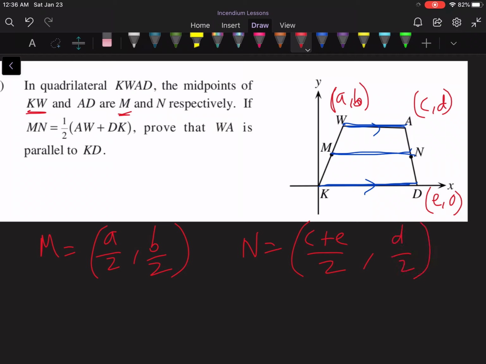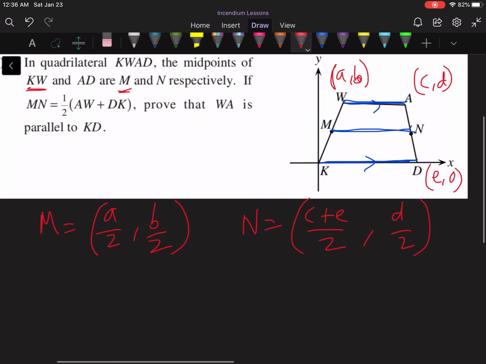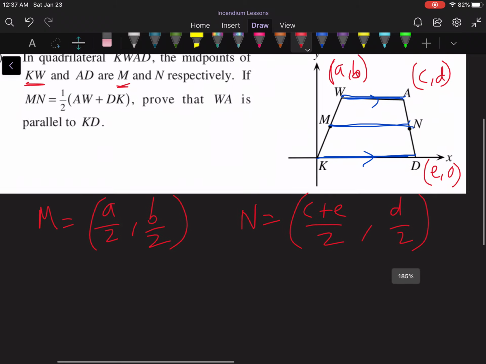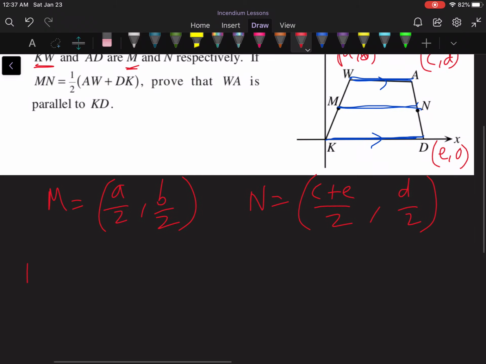All right, so now they tell us that the length of MN is half the length of AW plus the length of DK. So let's just find all those lengths. What's the length of MN?